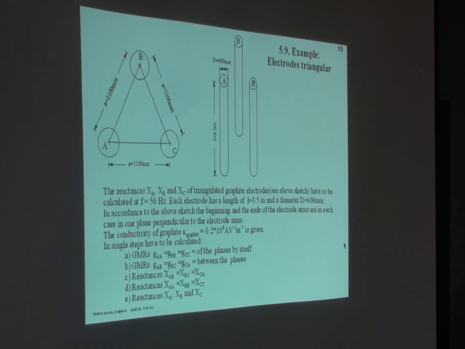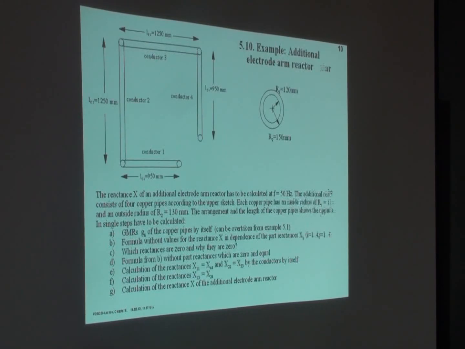It's the same for A, B, and C. So, additional electrode. We only use two more examples. We have time enough to discuss another.